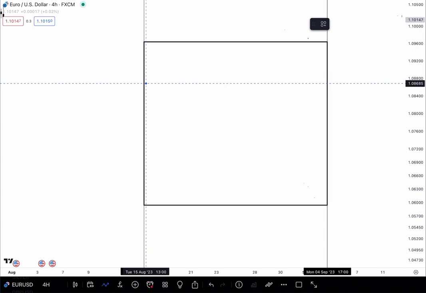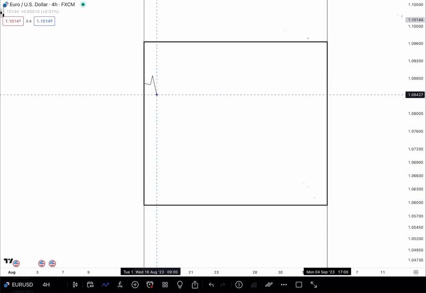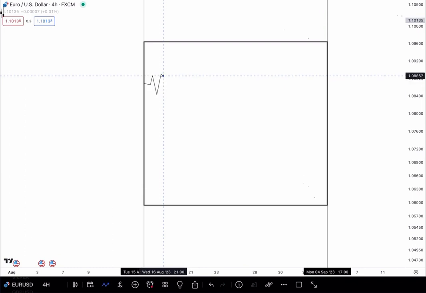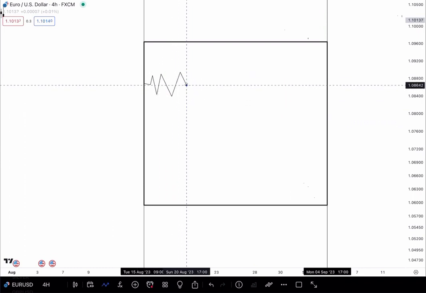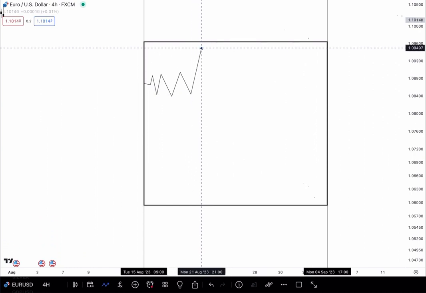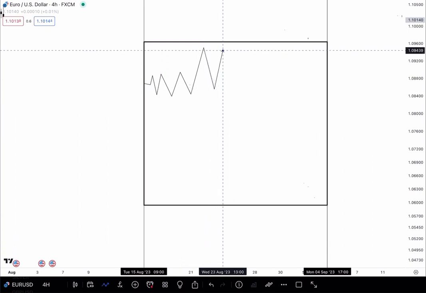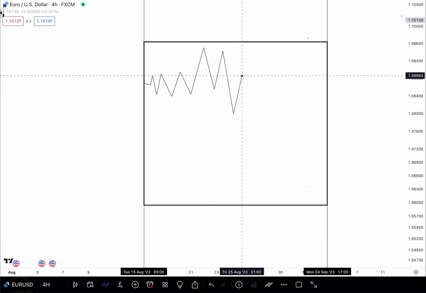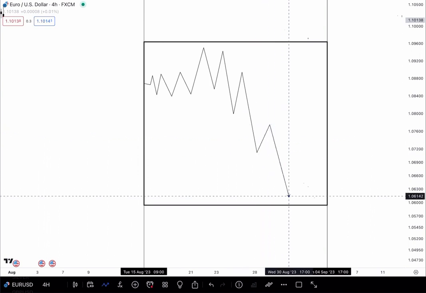right? Accumulation, a little bit. Manipulation, and distribution.